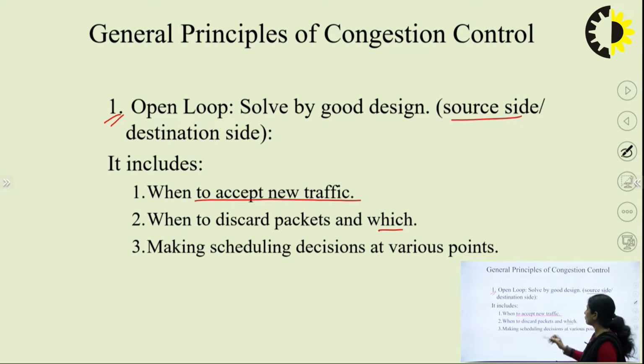So it depends on when to discard packets and which packets need to be discarded. Then there is making scheduling decisions at various points: wherever it senses congestion on the network, we need to apply some scheduling algorithms, right?